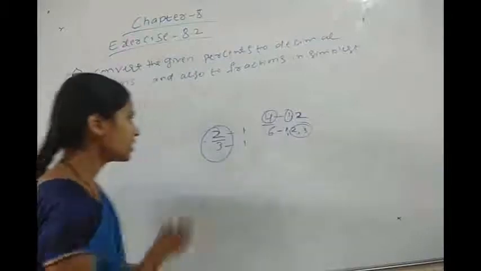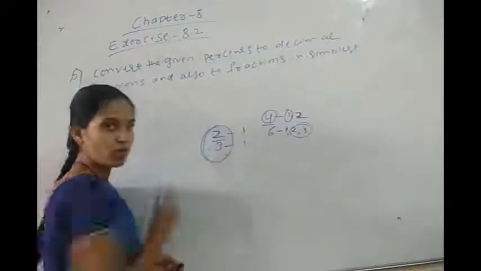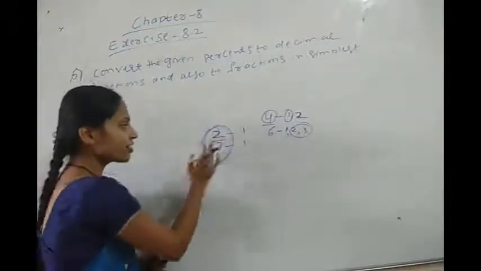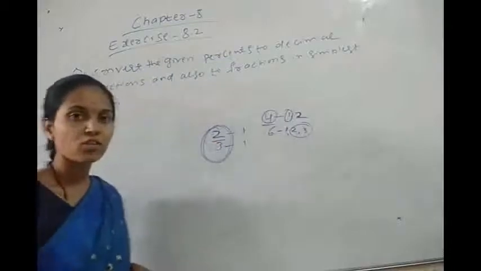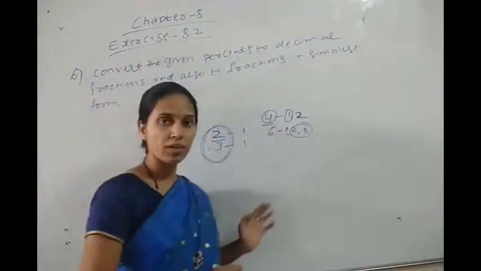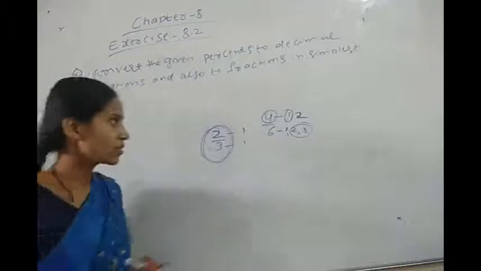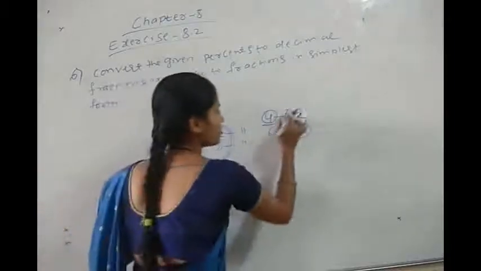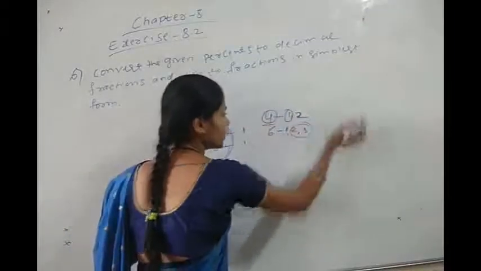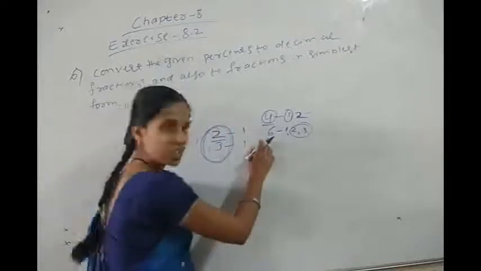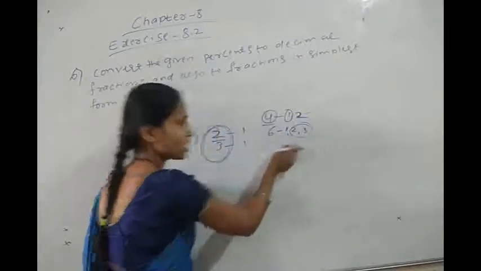But here 2 by 3 is in its simplest form, because the numerator and the denominator are not having factors in common except 1. Here we are having 1 and 2 as the factors, and in the 6 we are having 1, 2, 3 as the factors.